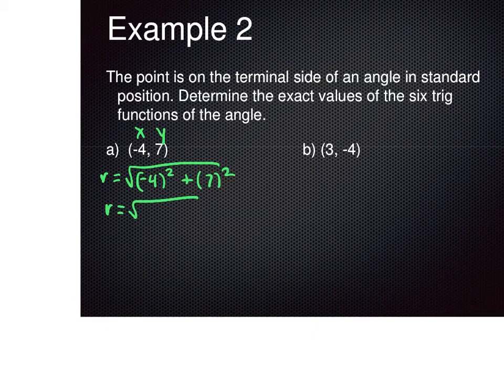So r is the square root of 16 plus 49, which is 65. How can we simplify the square root of 65?